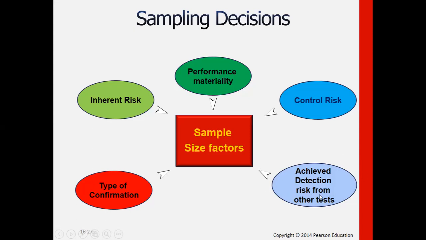This would also affect, if our detection risk would be lower, normally we are going to get fewer samples, so lesser evidence, because we can actually detect the items with greater or material misstatements. If we get, for example, fewer samples from other tests, we will be performing more in the remaining tests. For example, this is one of the remaining tests. Then performance materiality, or the tolerable misstatement: if we have a higher amount of misstatement that we can tolerate, then we are going to have fewer samples.